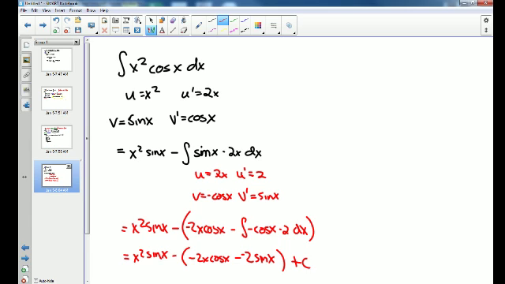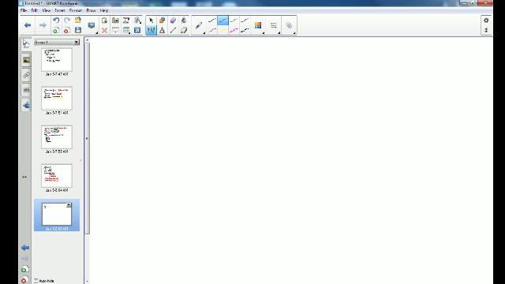These have all been indefinite integrals, right? So let's take a look at a definite integral. Have you ever calculated the integral of ln x? What's the derivative of natural log? It's 1 over x, right?